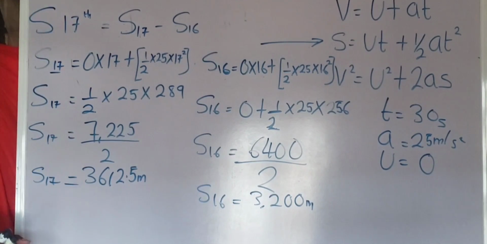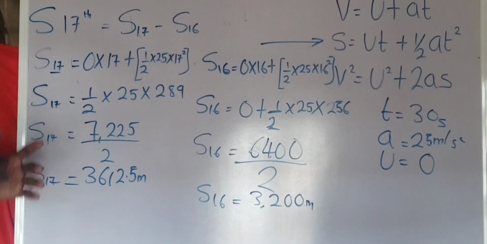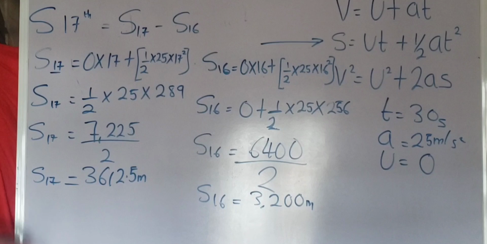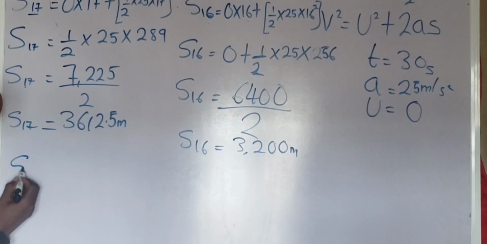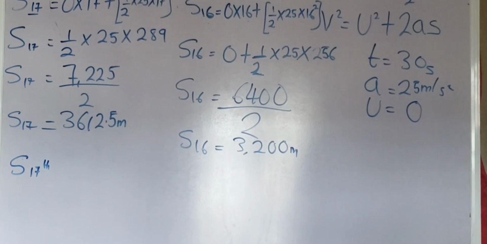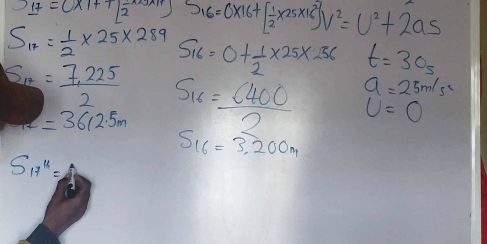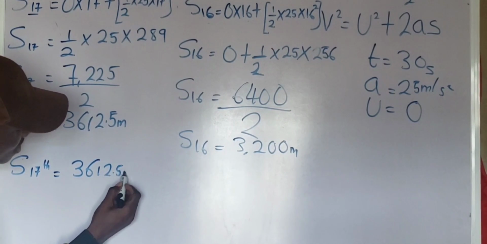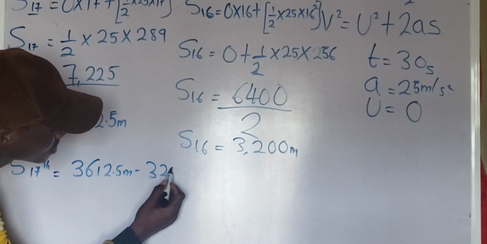Now to get the distance that the Formula 1 covered in the 17th second of the motion, that will be the difference between this and this. Do you understand? So we are going to have x17, that is the distance in the 17th second of the motion. That will be 3,612.5 meter minus 3,200 meter.